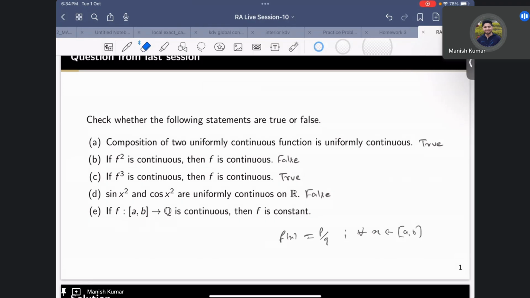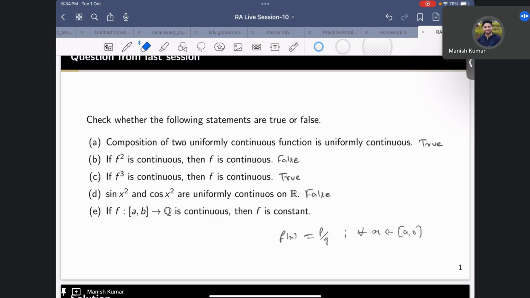Okay, so do you know this property, the intermediate value property of a continuous function? Yes, sir. So suppose that it is not constant, then it will take two values, let's say rationals q1 and q2.